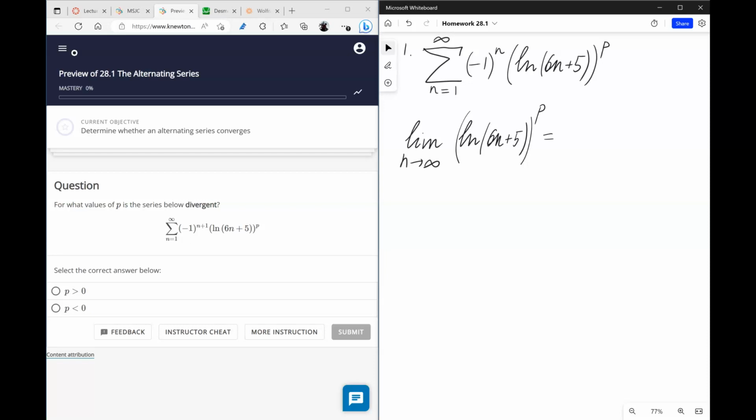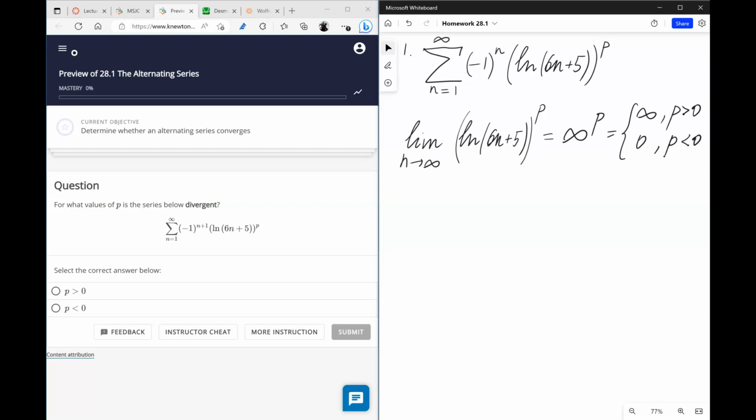So let's make this analysis here. We have infinity raised to the power p, and if p is positive, then this will be equal to infinity. If p is negative, then this will be equal to 0.